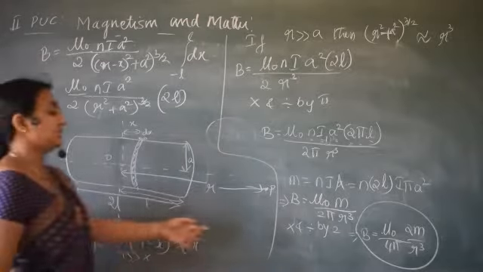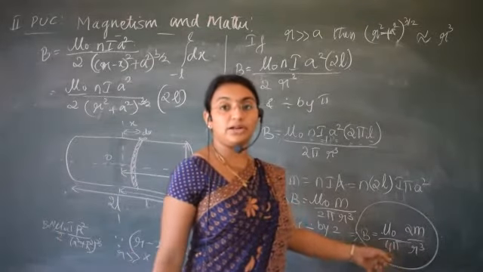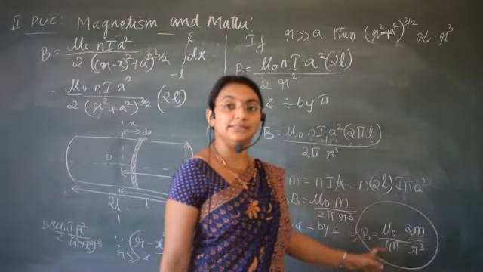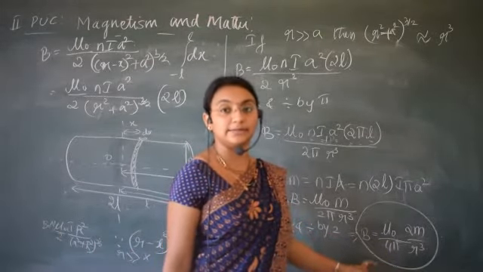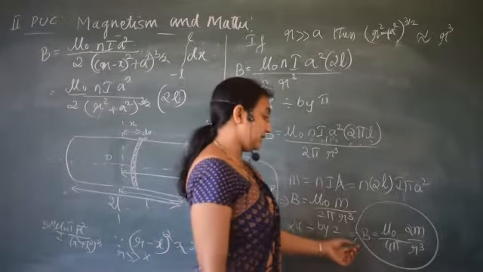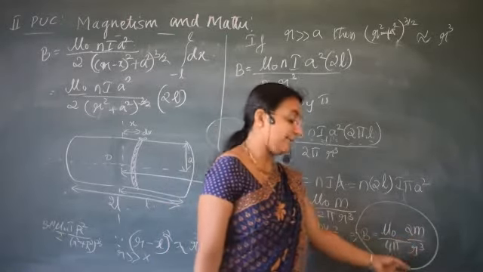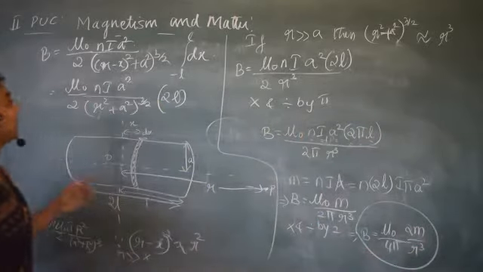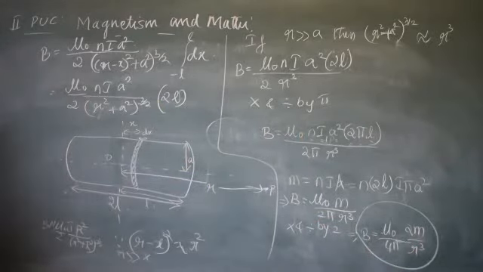This expression says that even for the bar magnets, the expressions for the solenoid and bar magnet are identical. That is, B is equal to mu naught by 4 pi into 2m by r cube. The same expression is for the bar magnet also. Therefore, what we can say is this is similar or identical.